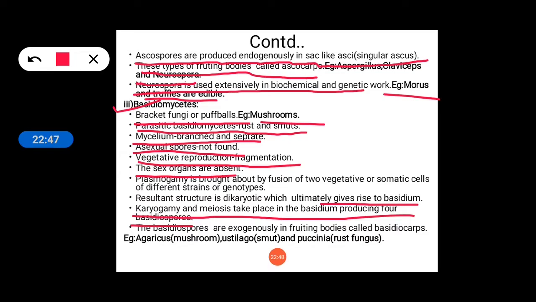Exogenously means outside the basidiocarps, outside the fruiting bodies. Example, agaricus, mushroom, ustilago, smut, and puccinia, rust fungus. Okay.